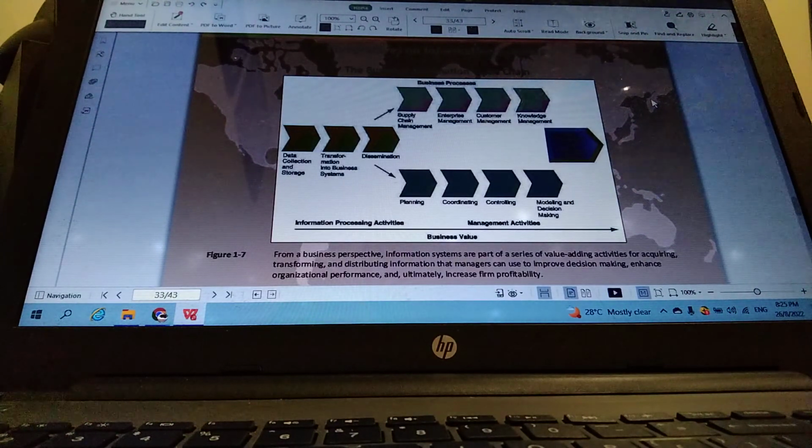So the information right now is being used by the business processes in meeting the business goal.